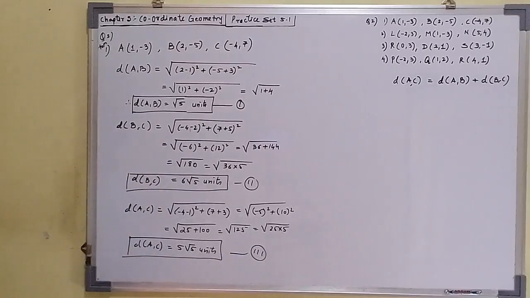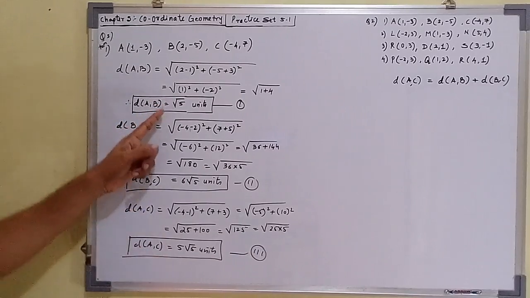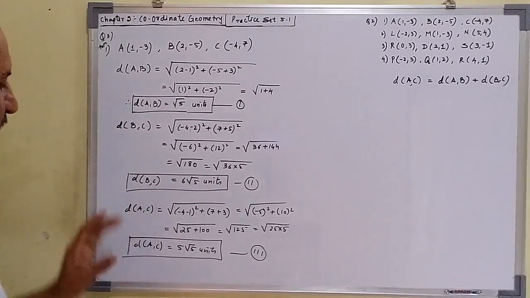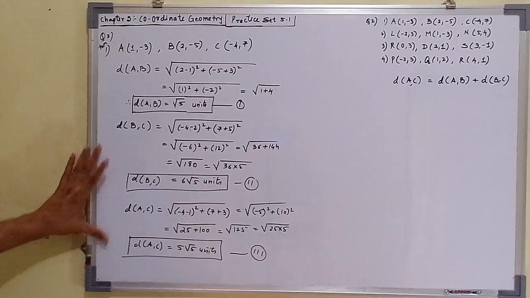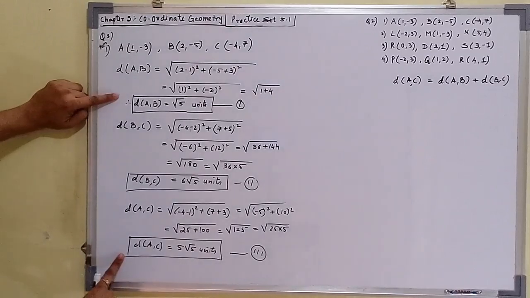Please see from 1, 2 and 3. If you add 5 root 5 plus 1 root 5, you will get 6 root 5. So this plus this is this. This plus this, AB plus AC.